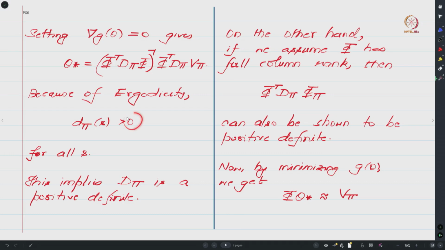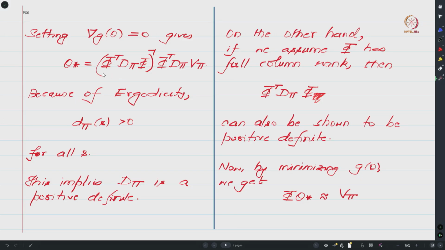Since this is strictly positive, one can conclude that capital D pi is a positive definite matrix. On the other hand, if we presume that the phi matrix has full column rank, then phi transpose D pi phi, which is the matrix sitting over here, is also positive definite, and hence this inverse exists.